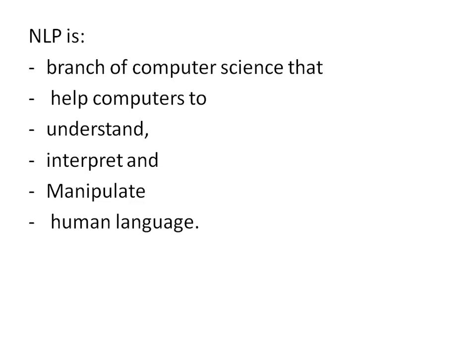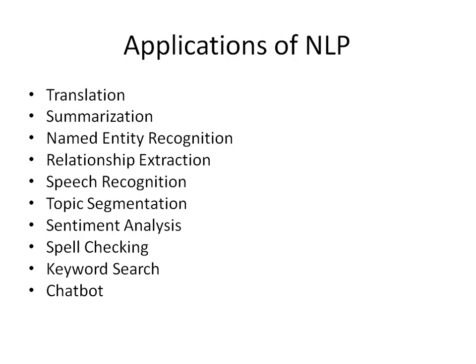So there are various steps in NLP that we will be looking at in this series of videos, and various applications of NLP where computers are being used for evaluating natural text. One is translation, where the computer performs translation of text from English to Hindi or English to Punjabi, Hindi to Punjabi, like that.